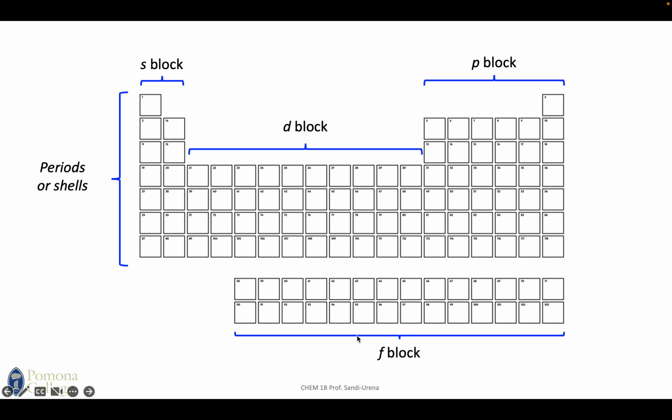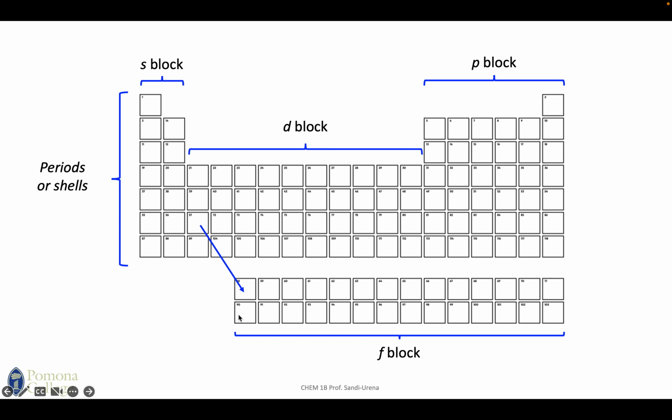And these 2 series down here, we call the F block. That designation corresponds to the type of orbital in which we have the last electron that was added. From the top to the bottom, we have the periods or shells, which correspond to the n value. So the top row would be n equals 1, n equals 2, and so forth.